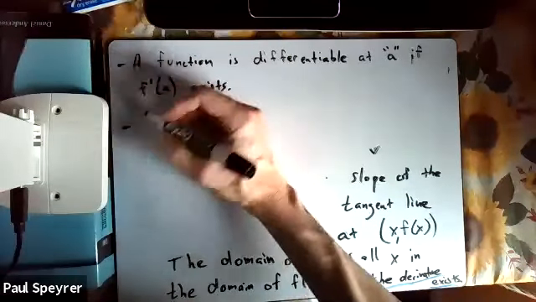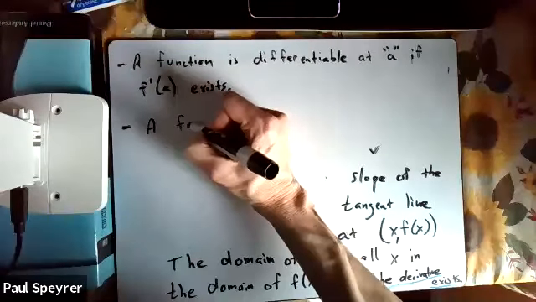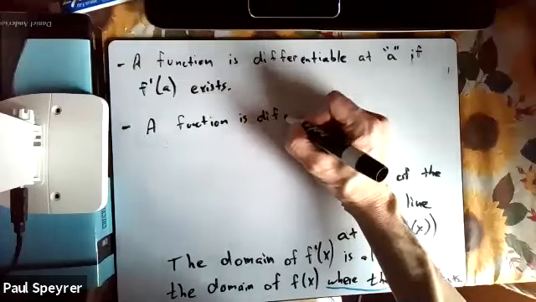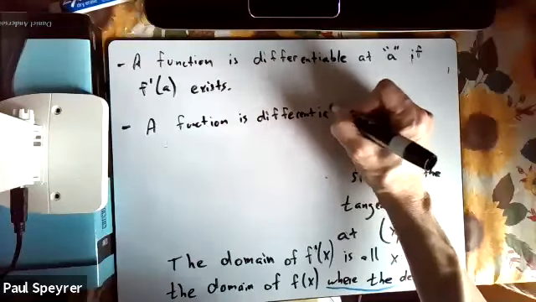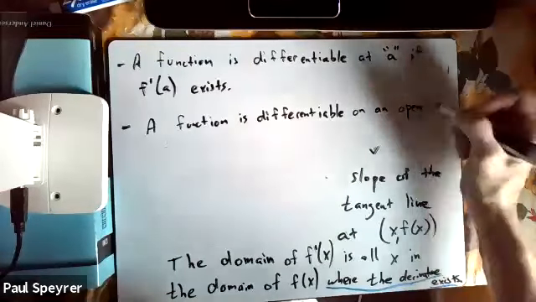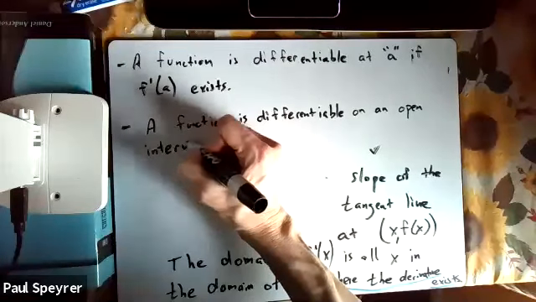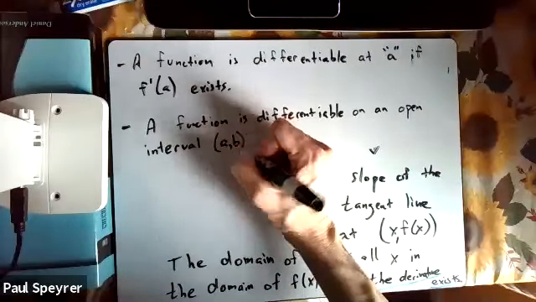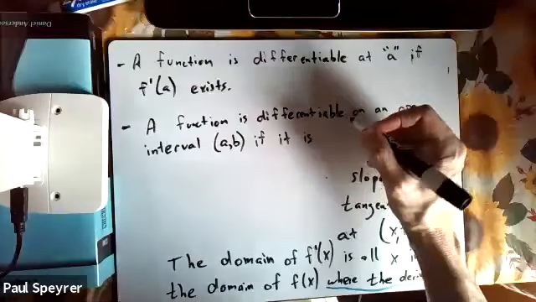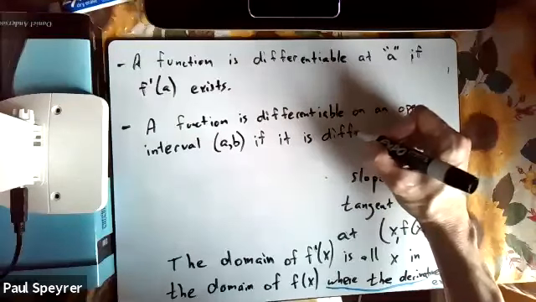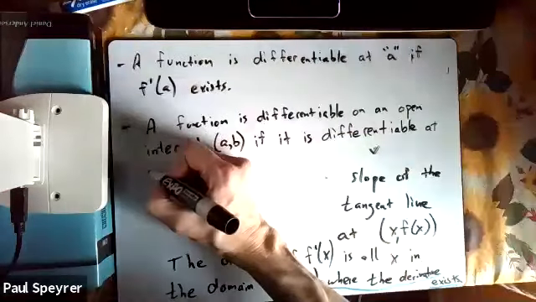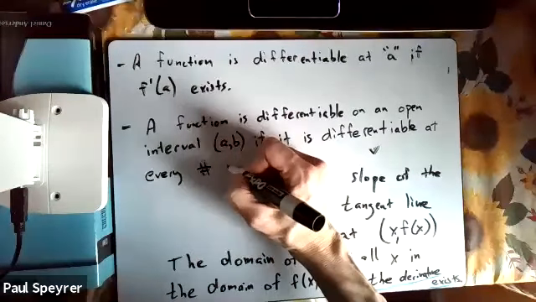The next bit of info that's important is a function is differentiable on an open interval (a, b) if it is differentiable at every number in the interval.